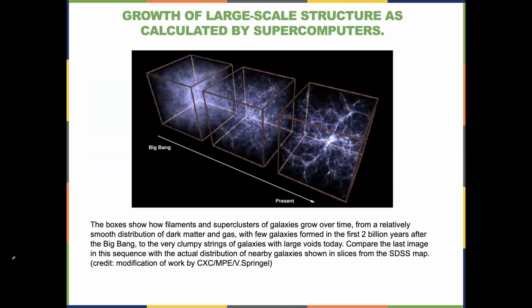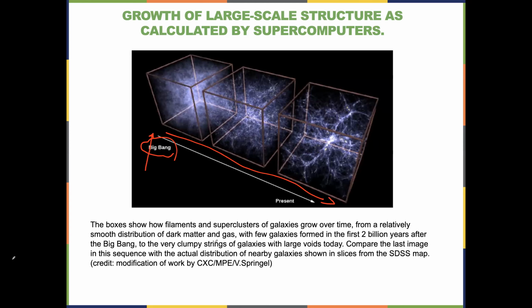Let me show you. What I need to talk about at the same time is this box, the simulation results that we have. This is a simulation starting from the beginning of the universe. Right here is what we call the start of the universe, which is why it says the Big Bang. After that, up to the present time, they have made this computer simulation to see how the universe looks.